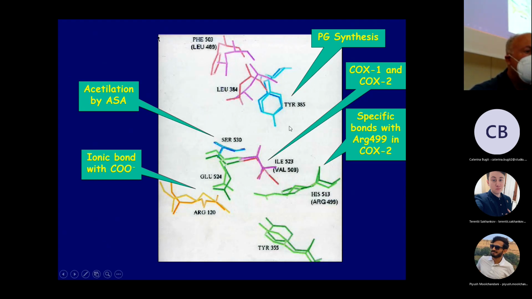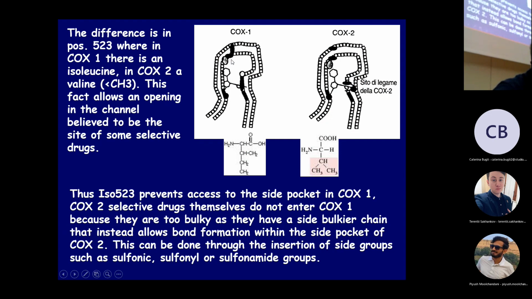Here you see the superimposed residues of the two forms of cyclooxygenases. You see tyrosine 385 located at the end in this position. Important to start the radical reaction responsible to the formation of the different prostaglandins.